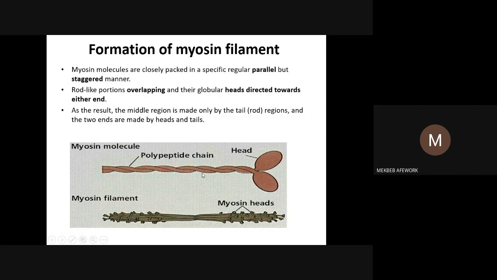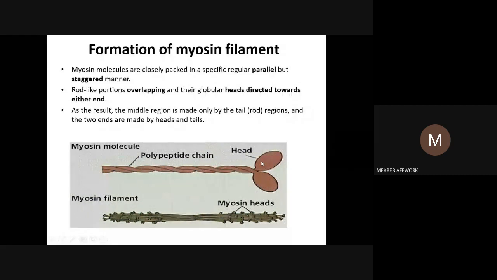When this myosin molecule is to form myosin filament, the head is disposed to either direction, some to the right, some to the left, in an overlapping, staggering type of manner, so that you are going to have the head disposed at a different level, because it is to the head region that the actin and ATP are to be bound.